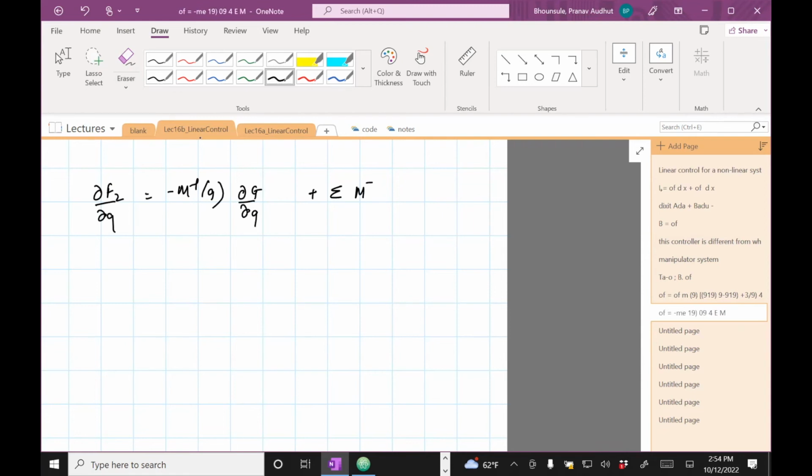This will be M inverse, sum over j of d B j dQ u j. What this literally means is that you first take the product of B times u and then take the derivative with respect to Q.